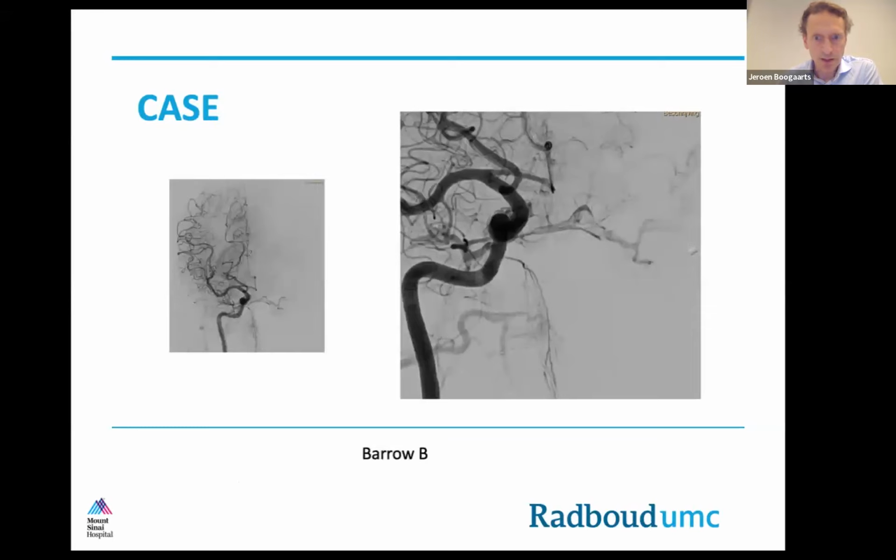And I have here a more detailed image. You see the venous filling in the early phase, too early, of the cavernous sinus, also extending to the contralateral side. And this was a fine network from the internal carotid artery only. There was no filling from the external carotid artery. So this was a Barrow B.